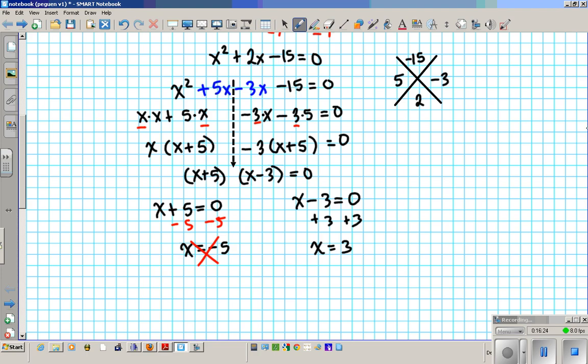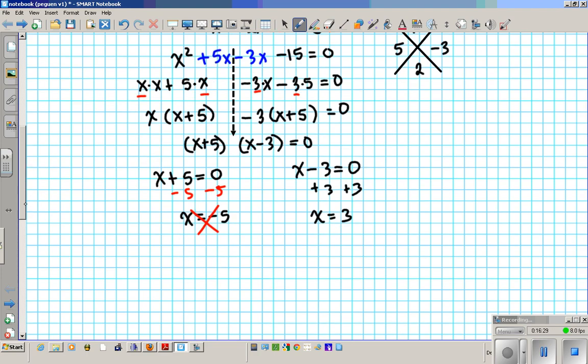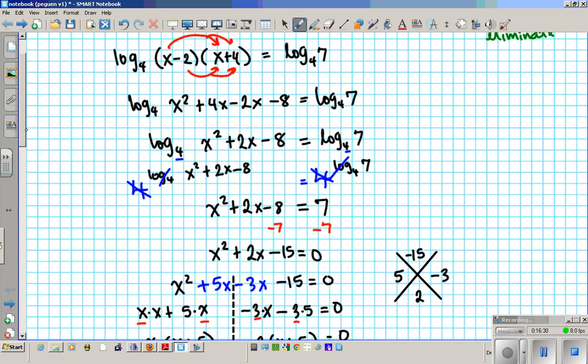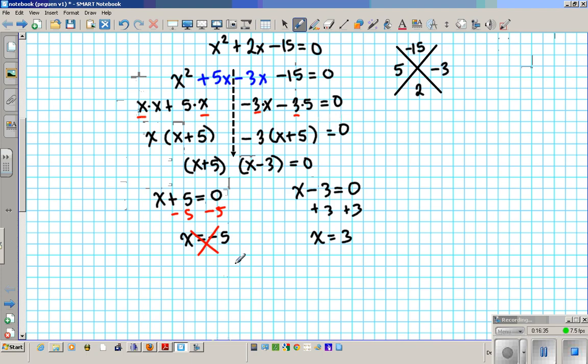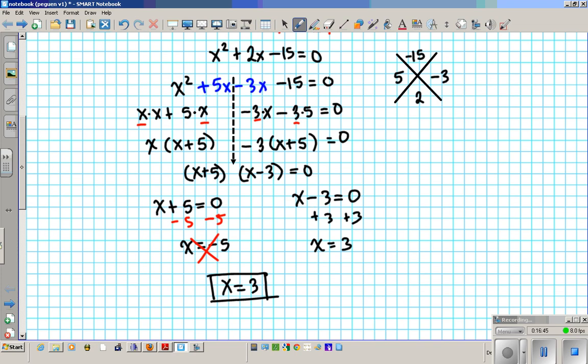You can only have the positive ones, okay? So our answer is going to be x equals 3. And this one, if I plug in negative 5, it will generate a negative argument in one of them. So this is good enough. Okay? So that's that.